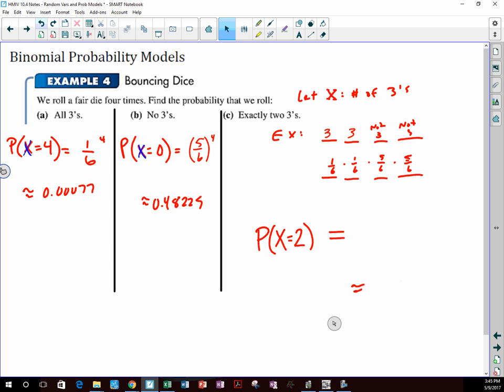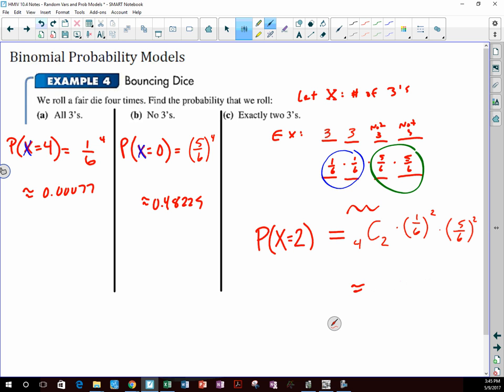So that probability is going to be 4 choose 2 times the 1/6 squared that we have right here, times the 5/6 squared that we have right here. Where is this 4 choose 2 coming from? Well, the 4 choose 2 is us saying we know there are other ways that we could roll 2 threes other than in just the first 2 rolls. What we're trying to find out here is, in 4 rolls, how many ways can we roll 2 threes?